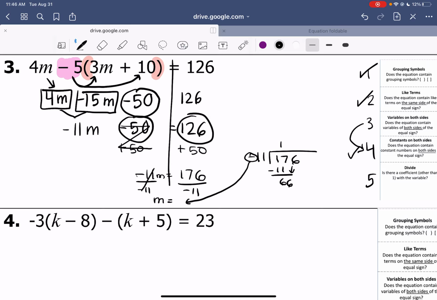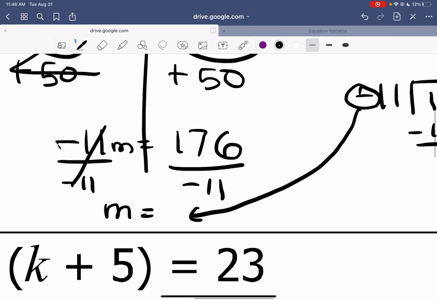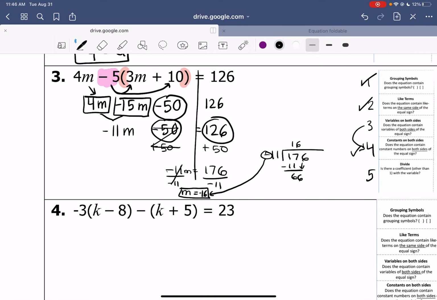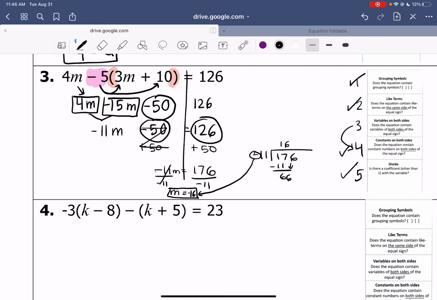And then 11 goes into 66 6 times. And so my answer is going to be, I'm going to write it right here. Let me maybe zoom in a little bit. Negative 16. So we don't want to forget that negative there that we started from the beginning. So we divided. All right.